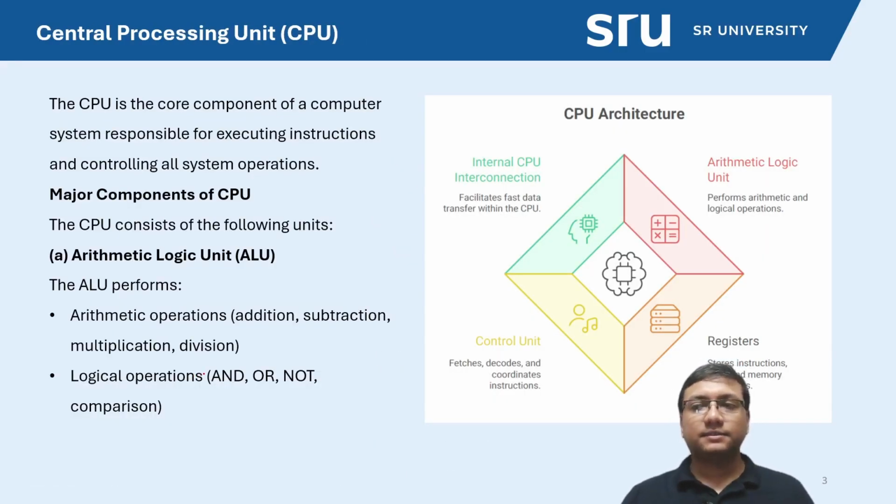So let us start with the central processing unit, or CPU. Central processing unit, as the name suggests, means all the processing tasks are performed there. That is why the CPU is the core component of a computer system. This core component is responsible for executing instructions and controlling all the system operations.